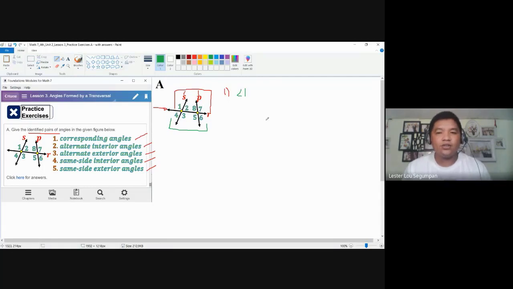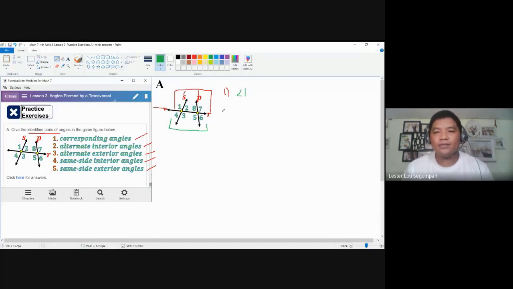The second condition is that they must be non-adjacent. If you say non-adjacent angles, angle 2 is not possible, for angle 1 and angle 2 are adjacent angles. So it could only be angle 8 or angle 7. So we have two conditions already.